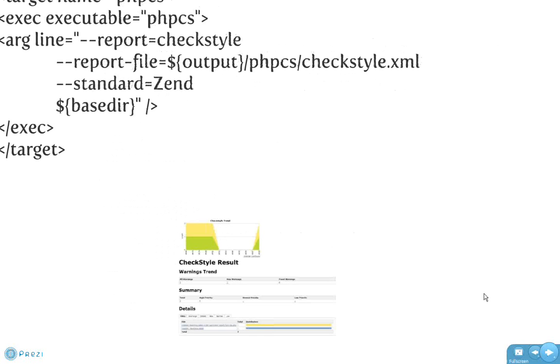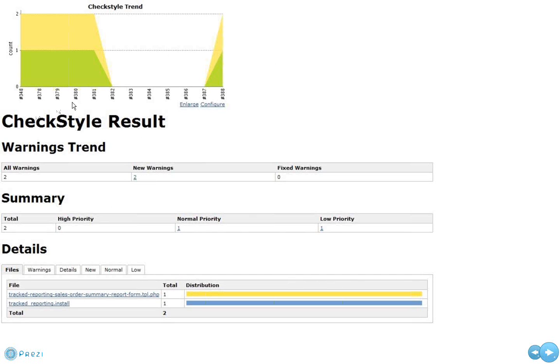This is a Checkstyle trend, and this is the Checkstyle report results: the warning trends, the details, the warnings, normal and low, and all those details for the Checkstyle result. Now these results are visible to all the users, all the stakeholders, like your client, or maybe higher authorities who can look into this.